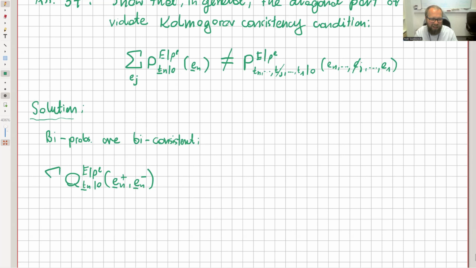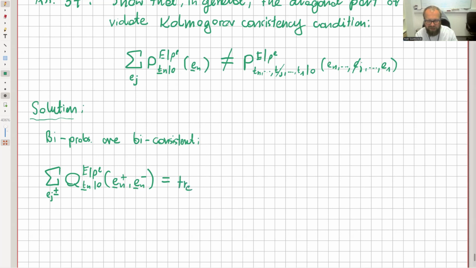Now we marginalize: we pick one of the timings and sum over both arguments, the plus and minus argument, independently. Let's see what happens.